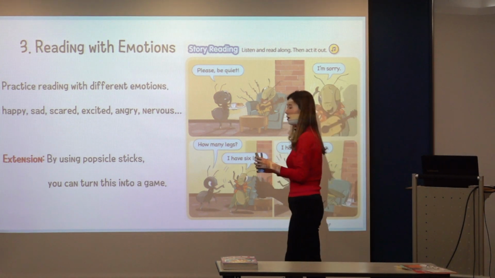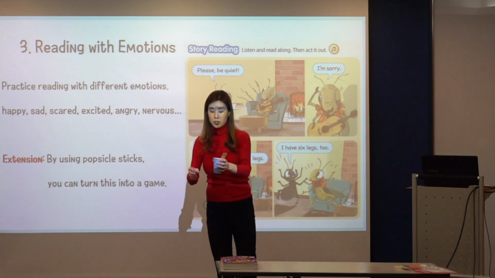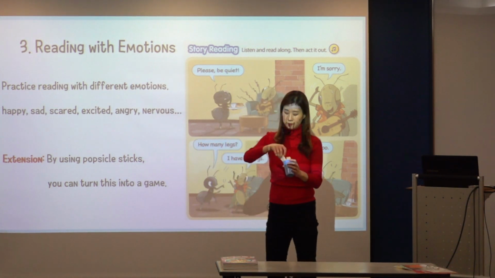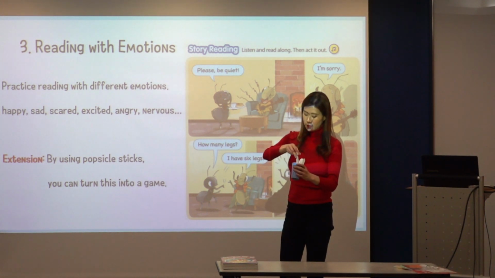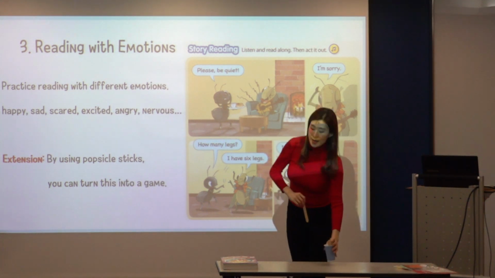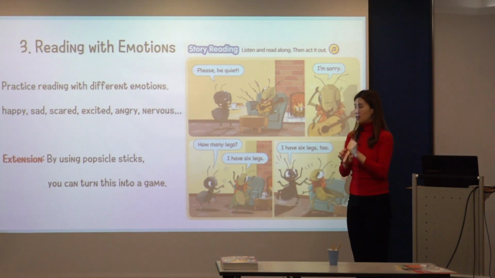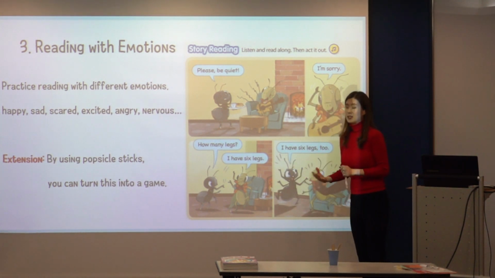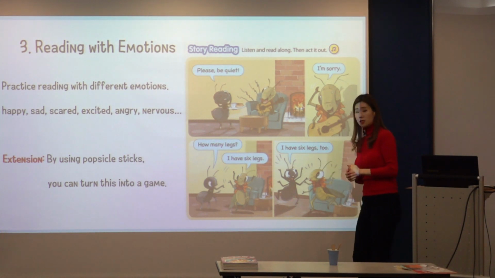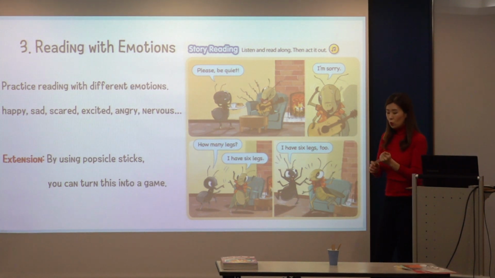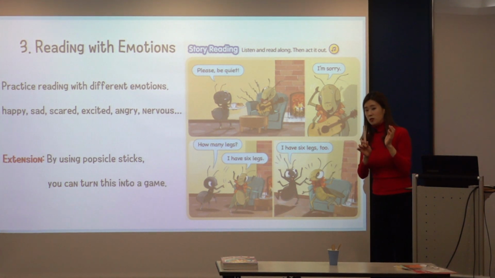And then ask your student, pick one. Okay, I'll pick one. Let's see. And then they don't show the popsicle stick, but they have to act. Come to the front, and one by one, they're going to act. And then the rest of the students have to guess what emotion the student picked.